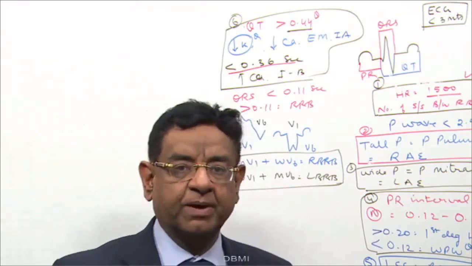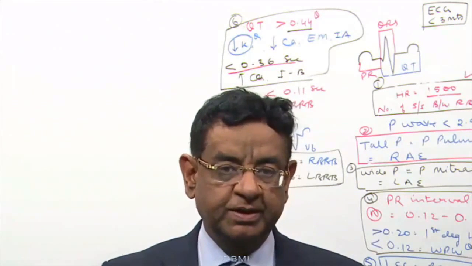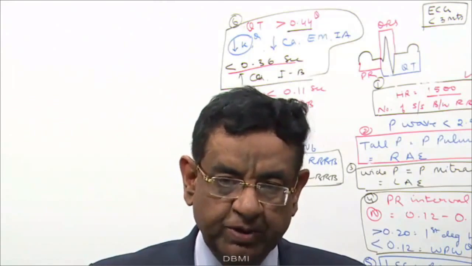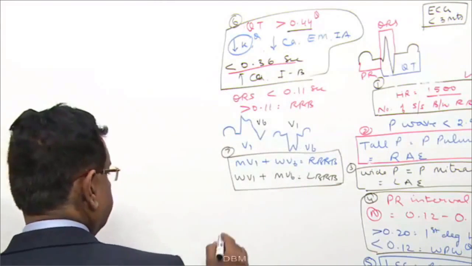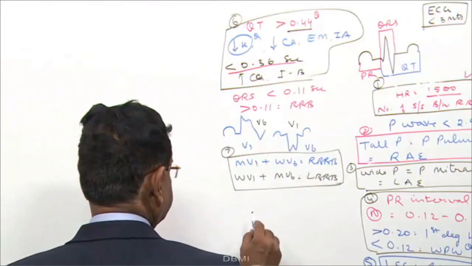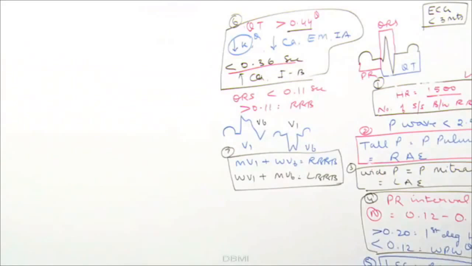So we are clear about the PR interval, QT and the QRS interval. Now we talk about WPW syndrome.